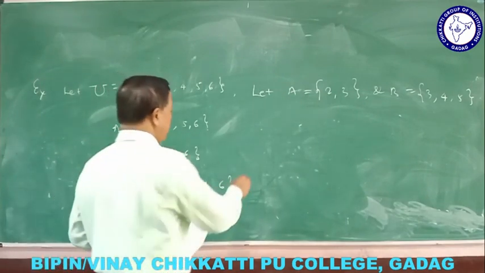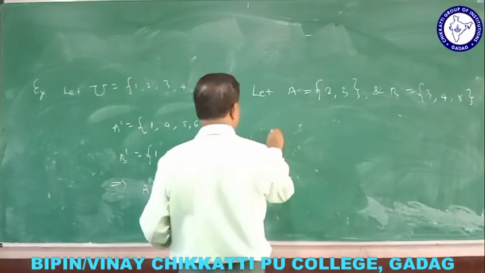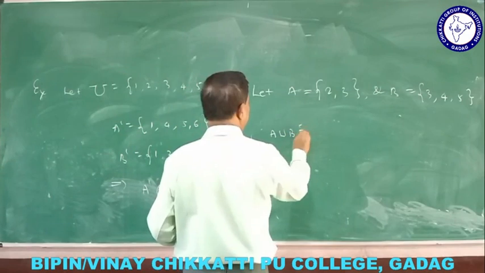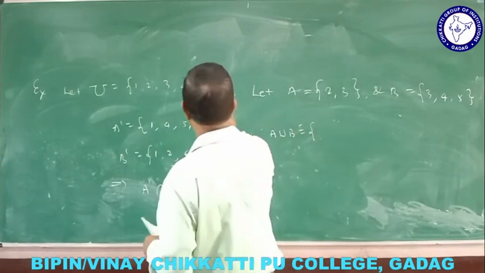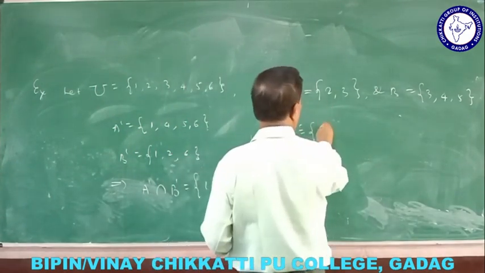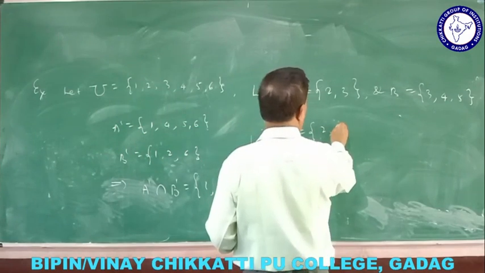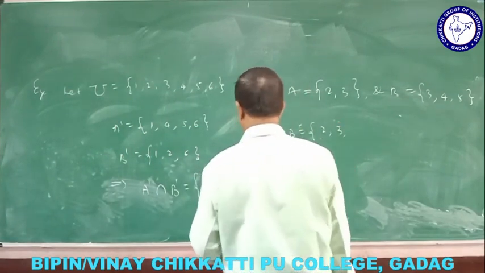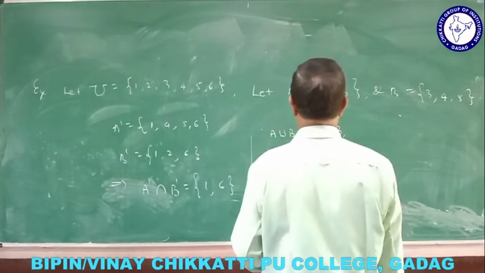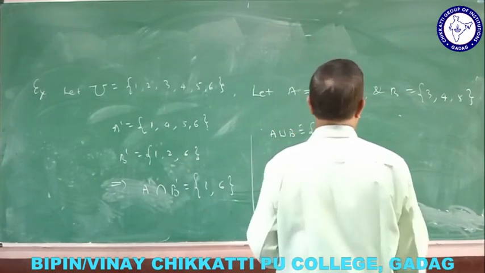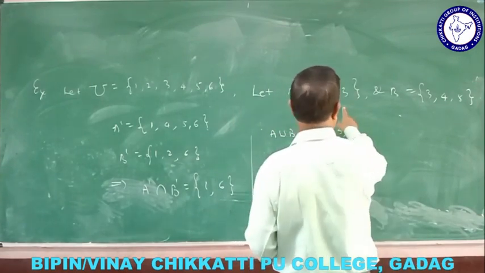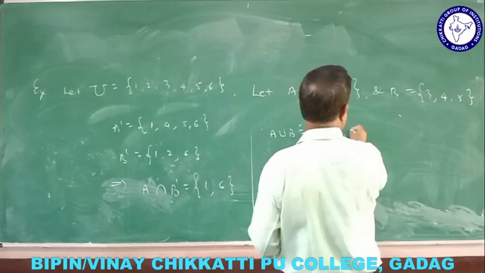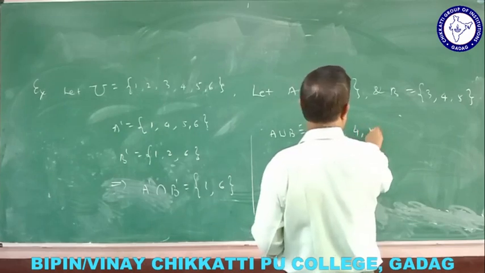And one more thing: suppose I go for A union B. A union B means here A is 2, 3 and B is 3, 4, 5, and you see that all elements are not repeating: 2, 3, 4, 5.